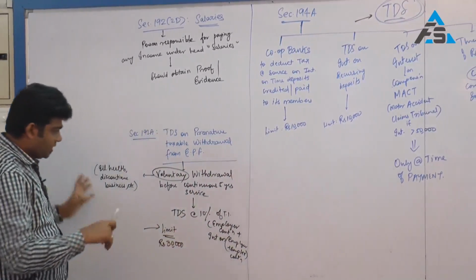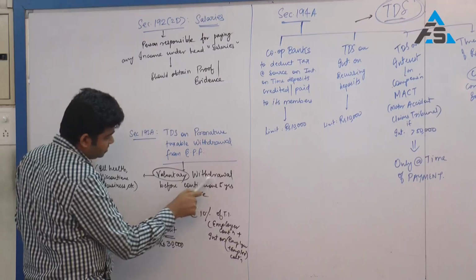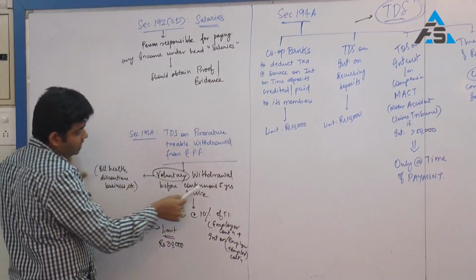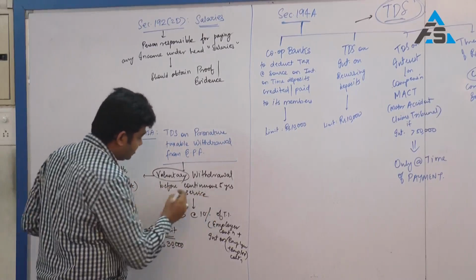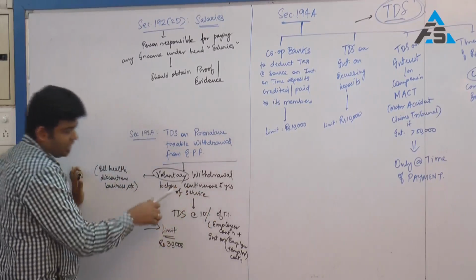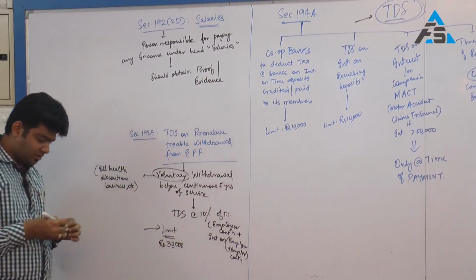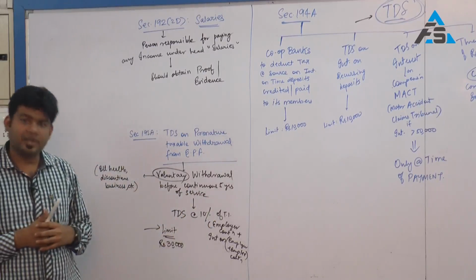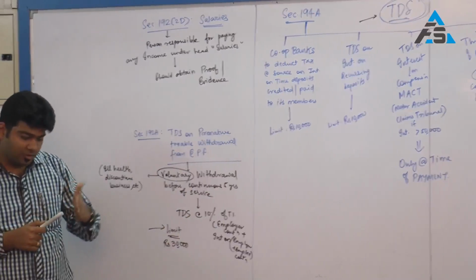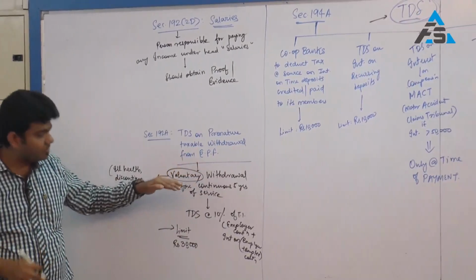So now, voluntary withdrawal before continuous 5 years of service. So I am not continuously serving in the company for 5 years, and before that I am withdrawing the money.